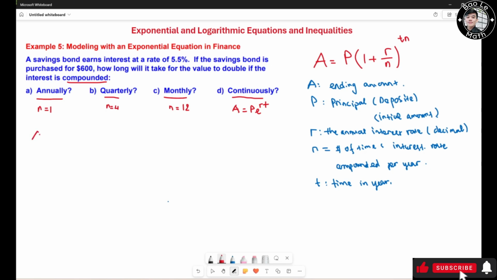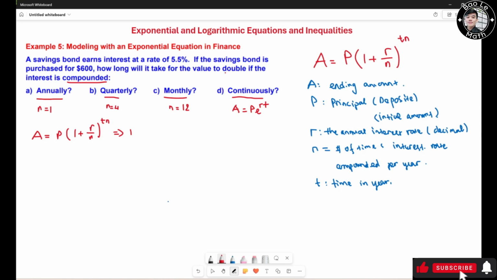Alright, so question A, annually. So we have A equals P times 1 plus r over n raised to the t times n. Now n equals 1, so you just substitute.